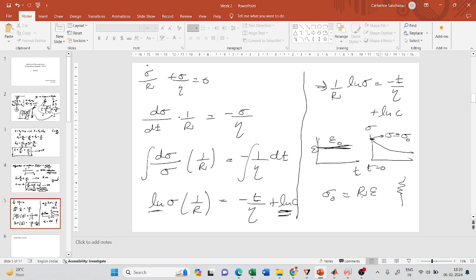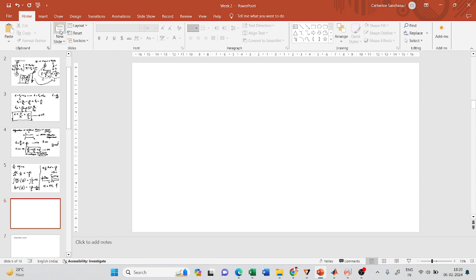Okay, so this response will be r into epsilon naught. Why am I saying that at time t is equal to 0? So this Maxwell element has both a spring and a dashpot, right? So at time t is equal to 0, when I apply a strain of epsilon naught, then I should expect stress in both these elements, right?